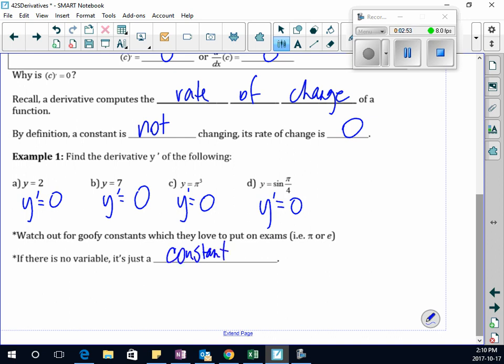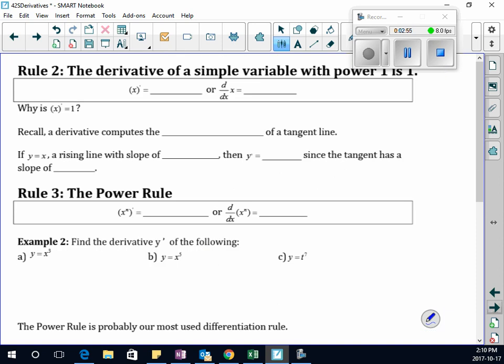Yes? Rule number 2. The derivative of a simple variable with a power 1 is 1. Why is that? Think about what y equals x looks like. What does that line look like? It's that diagonal line there, right? What's the rate of change? Up 1 over 1. Do you know everywhere on this line the slope is 1?